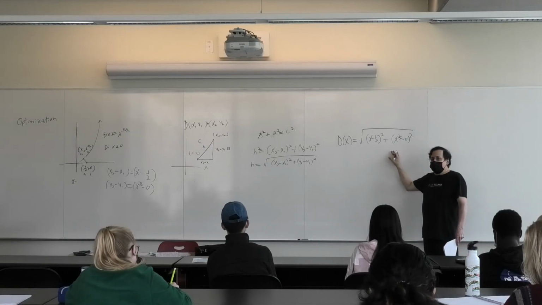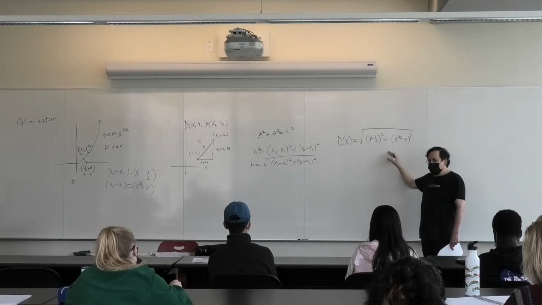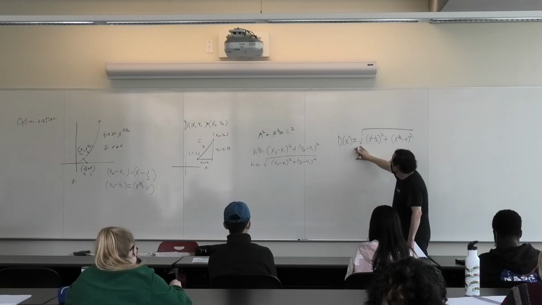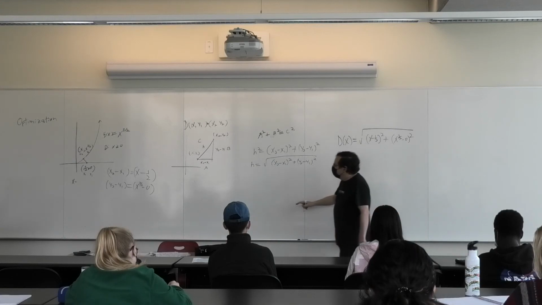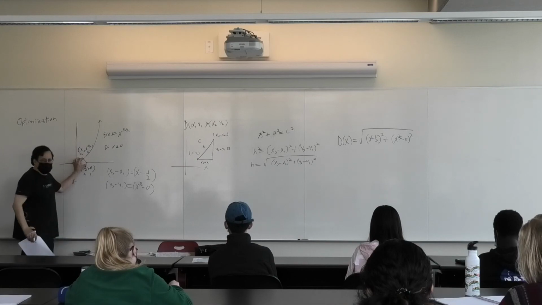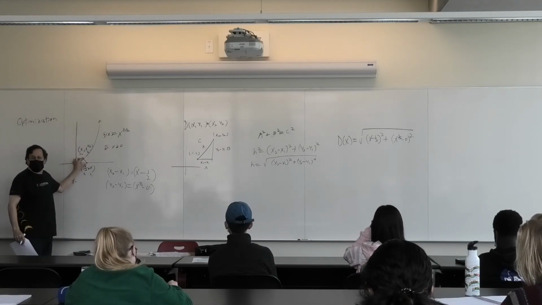There's one more thing. You can be smart about this. I'm going to find the derivative of this, and this is going to be an ugly mess, or it's going to be more work than I need to. If I'm trying to minimize this distance here, I can just as well minimize its square.